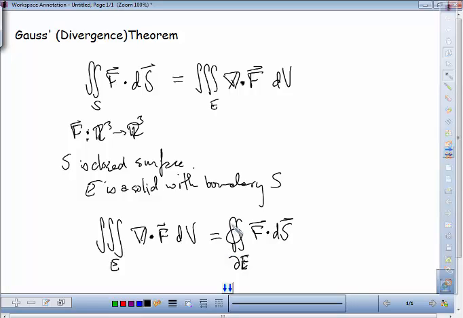And orientation going in the positive direction is usually the outward orientation. So we could mention the outward orientation for this example.